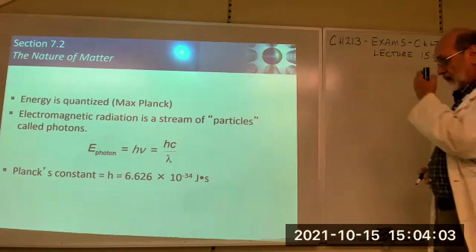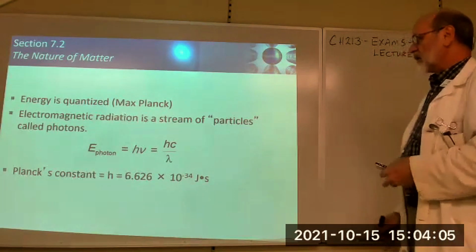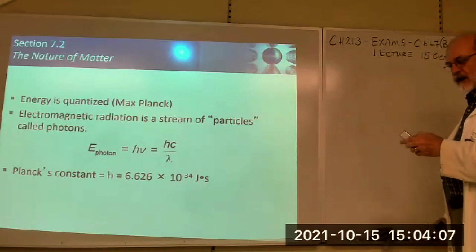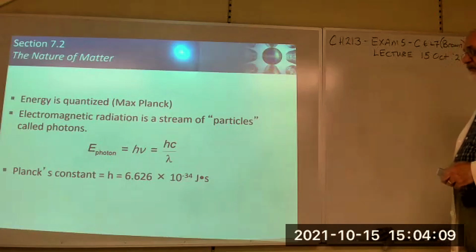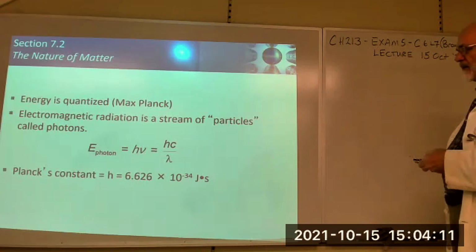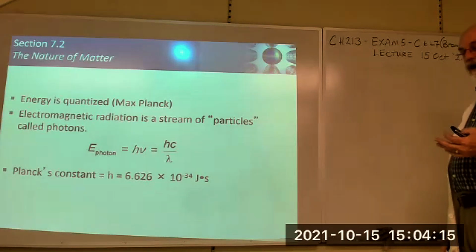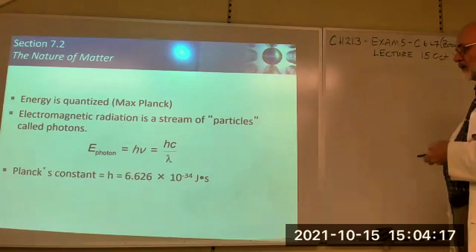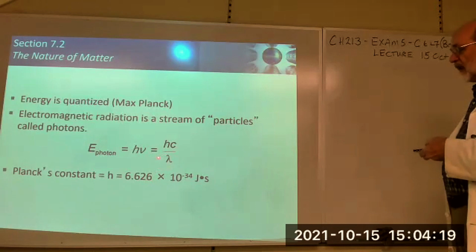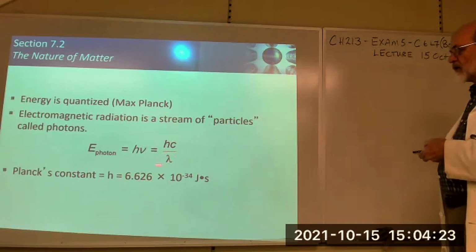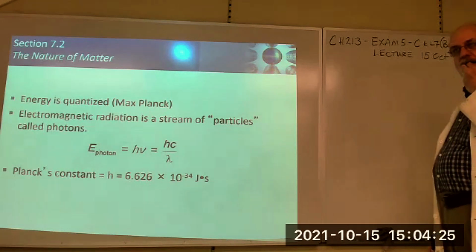Okay, so that we don't lose sight of things, we're still talking about light, characterizing light. And the colors that we see in fireworks are related to the wavelength of light that they emit and the energy that each of those photons possess.